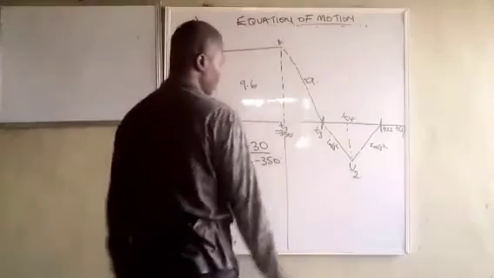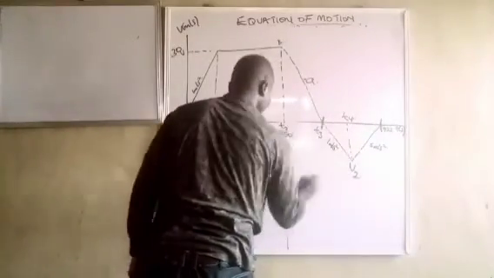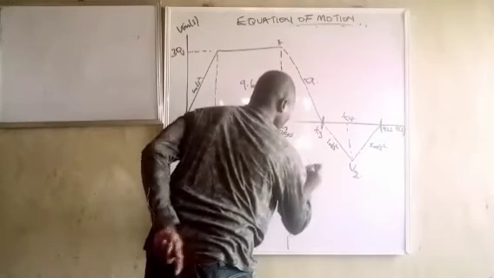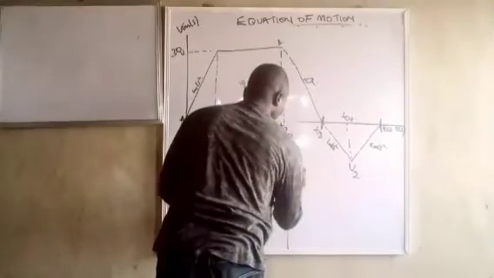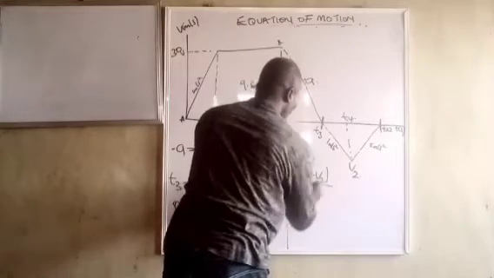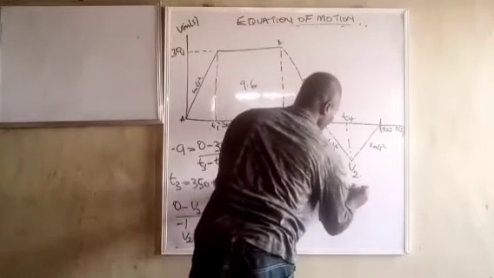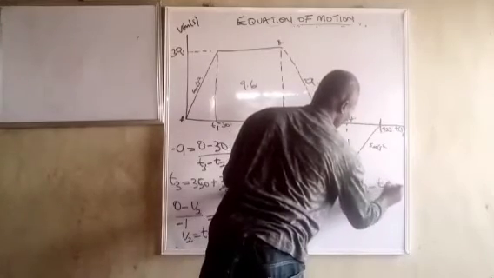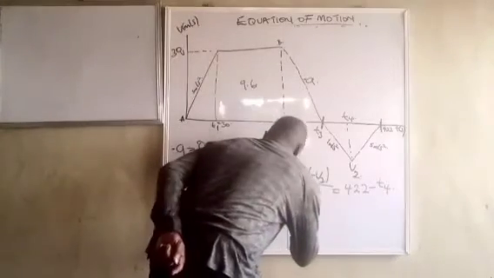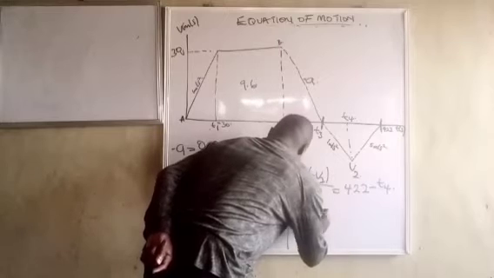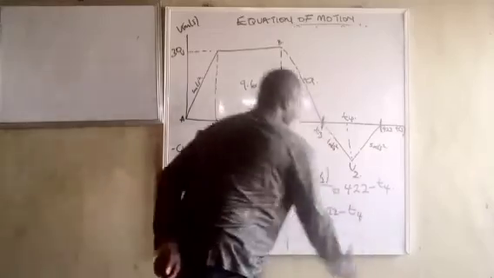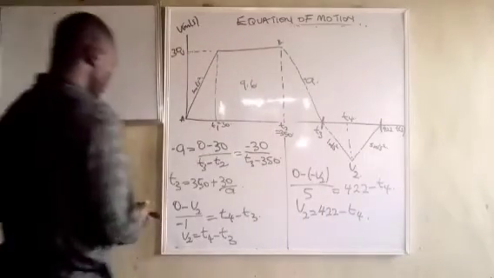Now, we also know that for this V2, the final one is 0, yes. 0 minus V2 over minus 5 will be equal to 422 minus T4. So V2 is equal to 422 minus T4 times 5. Let me call this one.